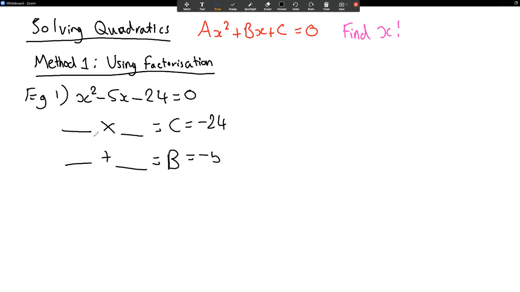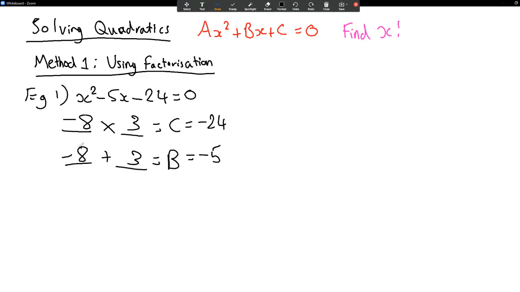So it turns out that these two numbers are minus 8 and 3, because minus 8 times 3 is minus 24, and minus 8 plus 3 is minus 5. Sometimes it just takes a bit of trial and error to get these numbers.